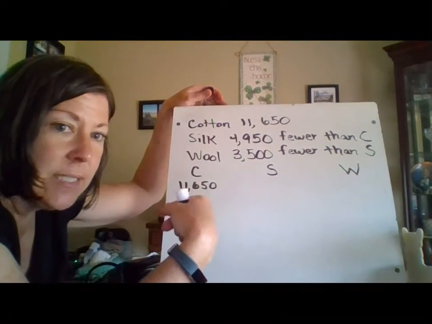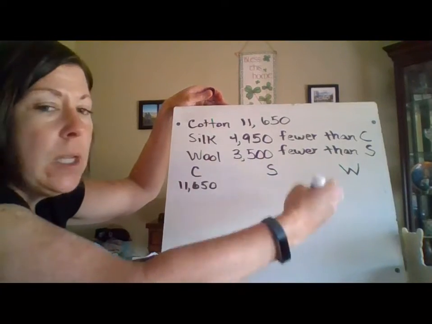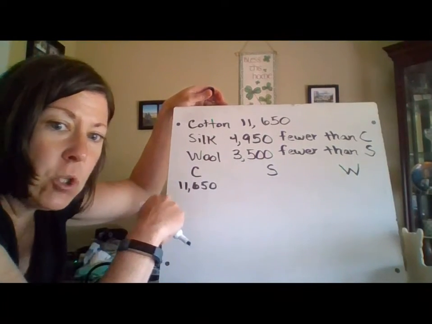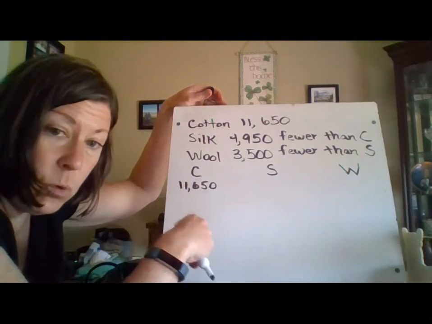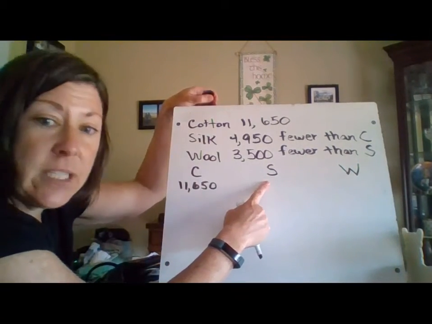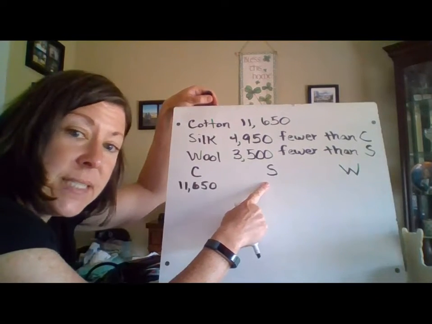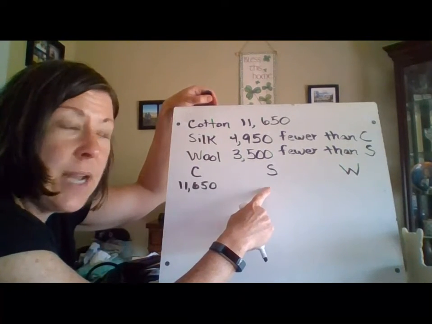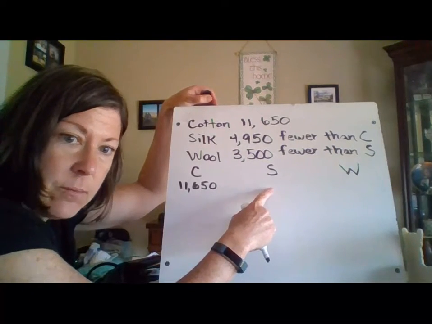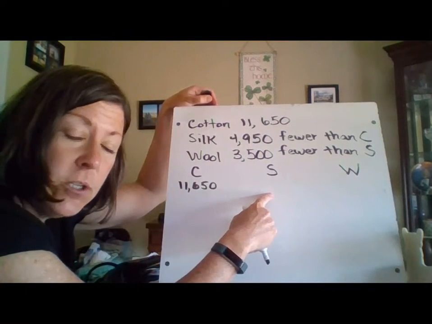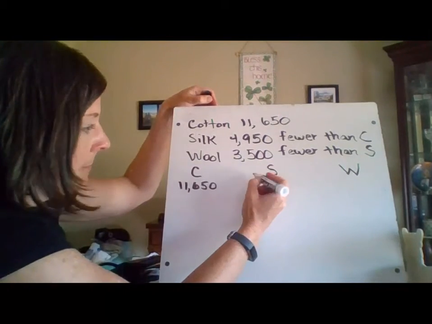However, then it asked me the total of all of the fabrics. So that officially makes it a 3-step word problem. So let's find silk first. Silk was 4,950 fewer than the cotton. Remember, fewer means smaller, so that means I'm going to have to subtract.